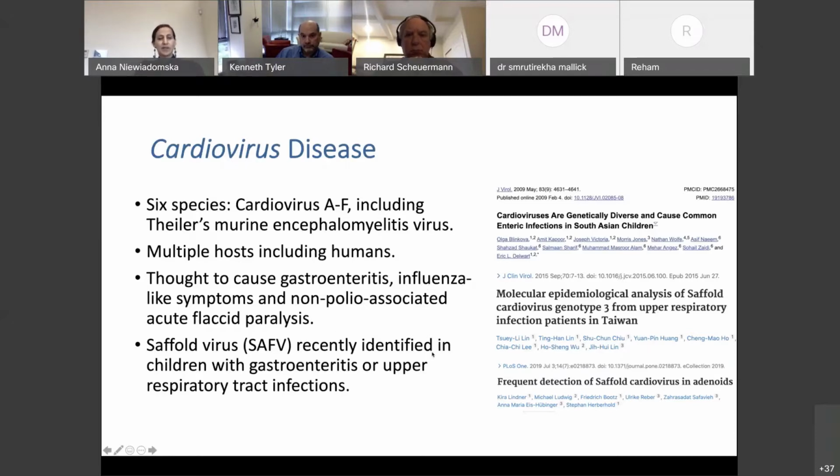And Saffold virus is one of the more recently identified ones in children, and this was found in association with gastroenteritis or upper respiratory tract infections. And again, sometimes the correlations are there, but it's hard to make the direct link between the virus and the disease.